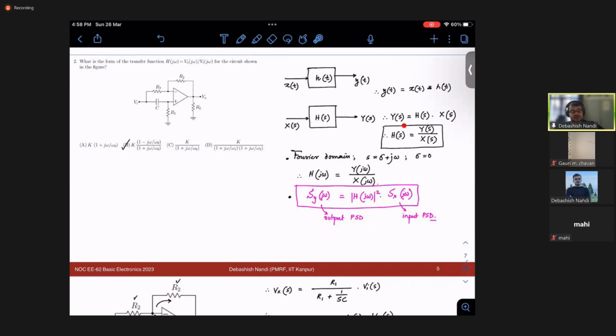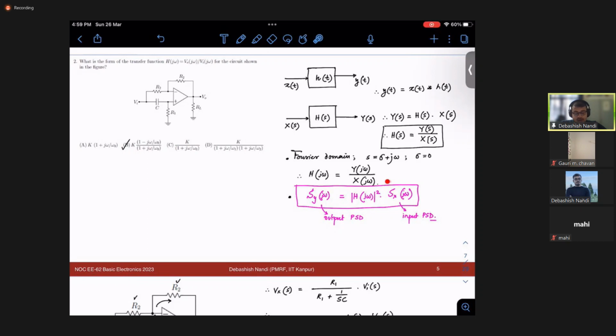So your transfer function would be simply the Laplace transform of output over Laplace transform of input, right? Then you can put your s equal to j omega, putting the loss component sigma as 0, making it Fourier like in nature. So h of j omega is y of j omega over x of j omega, right?